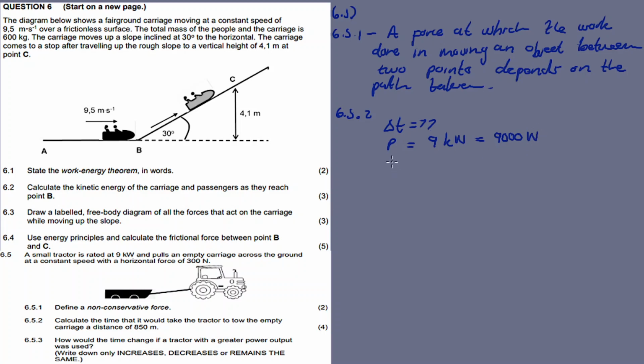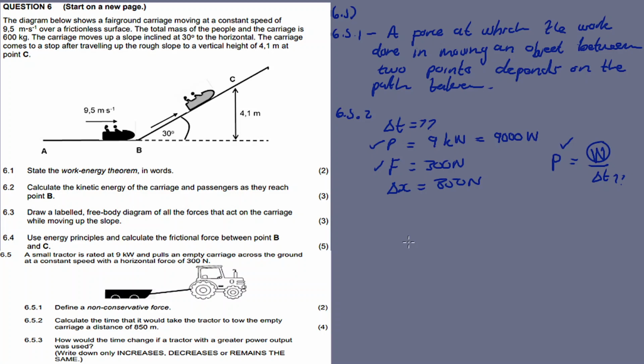I'm given the power as well as a force of 300 newtons, and delta x, 850. We want the time, so we must use the formula for power, which is work done over change in time. I have power, I want the change in time.